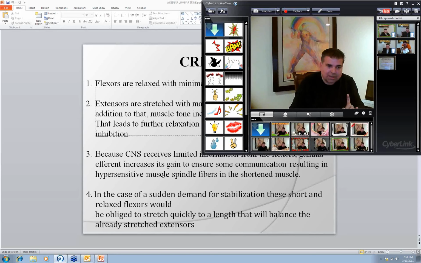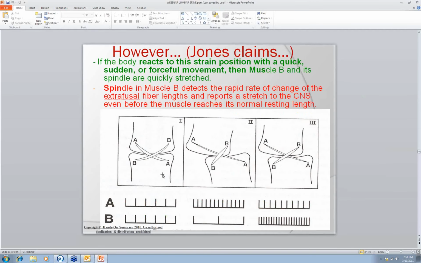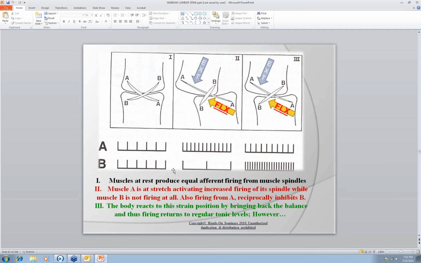Actually, I will go back to the slides so that I can show you what I mean. In this case, this would be the flexor musculature, which is shortened, and because of the shortening, the proprioceptive firing will be very little to nothing, while because the extensor musculature here is more stretched, the firing is a lot more.